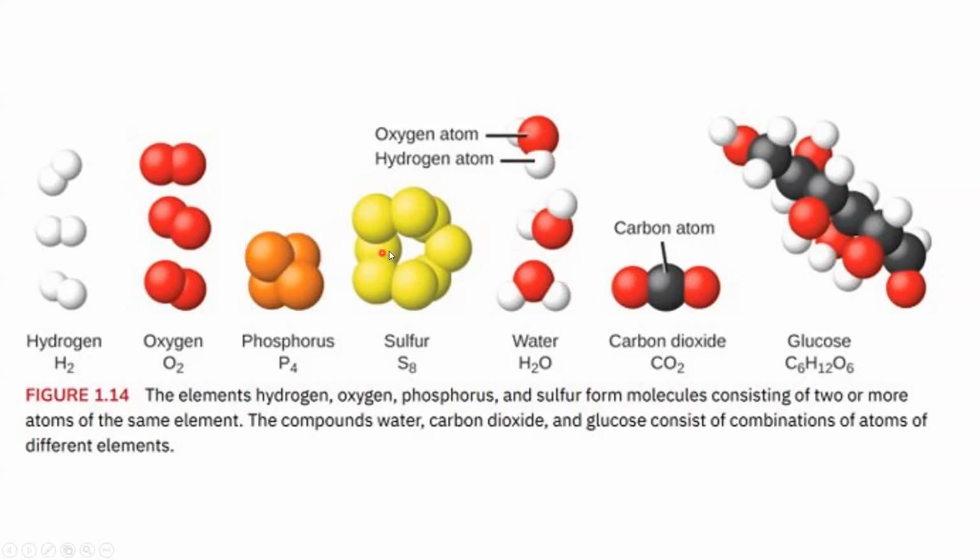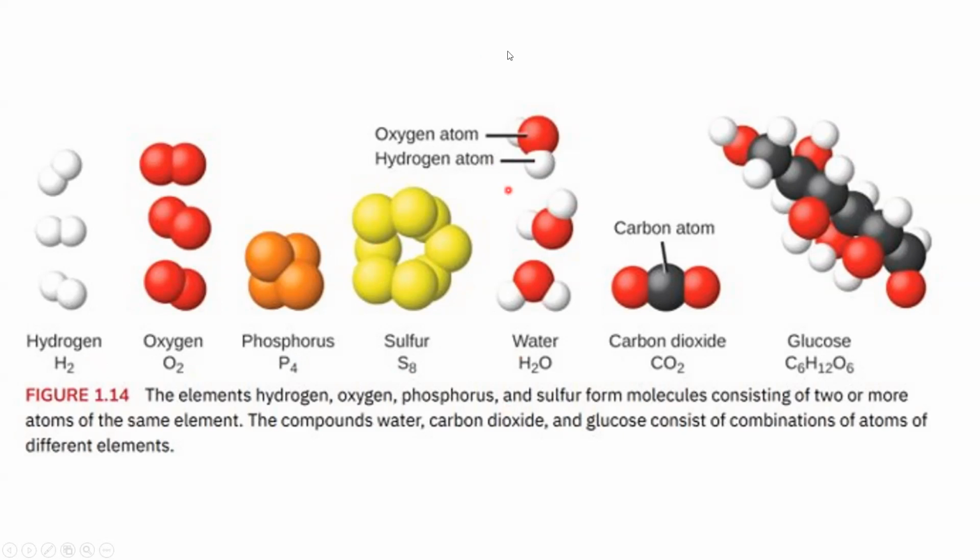Whereas these ones all represent molecules, but hydrogen, oxygen, phosphorus, and sulfur only represent molecules in the sense of molecule and compound. They can also be considered elements, since it's just either sulfur or just phosphorus or just oxygen, just hydrogen.